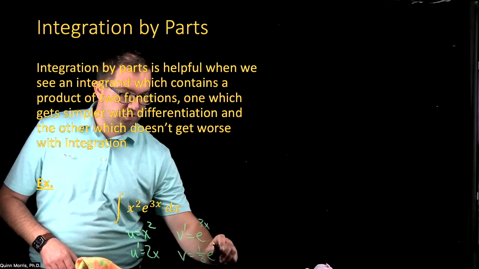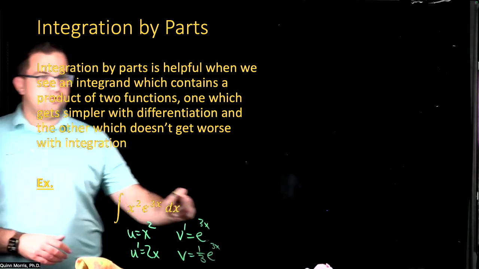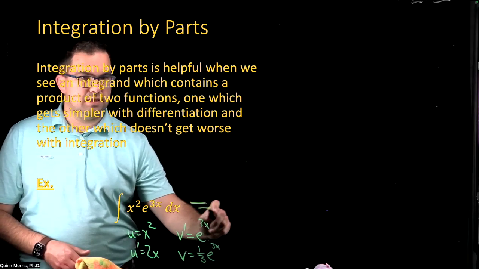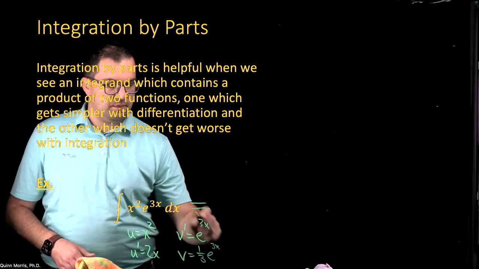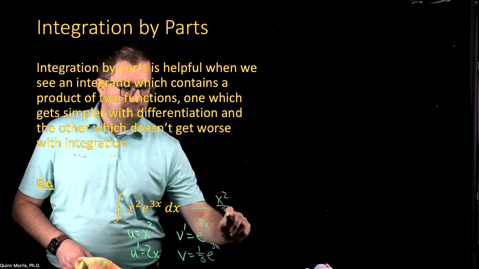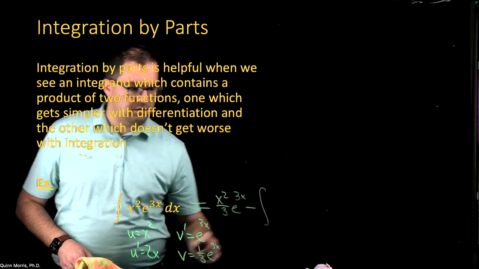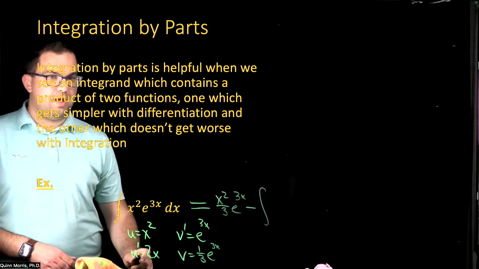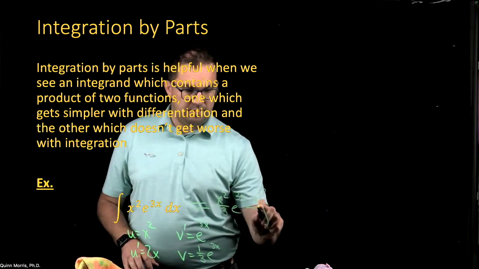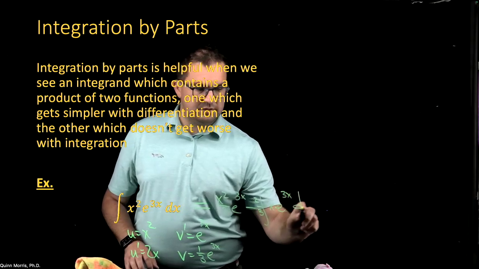That'll give me 1/3 e to the 3x. And now I can apply the integration by parts formula. The formula tells me that this should be equal to u times v minus the integral of u prime v. And so I'll pick up a 2/3 x e to the 3x dx.